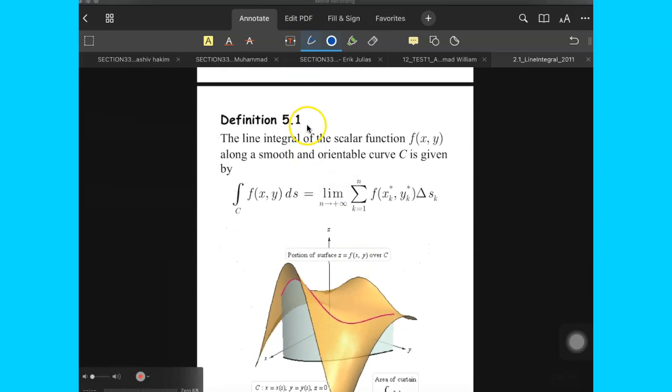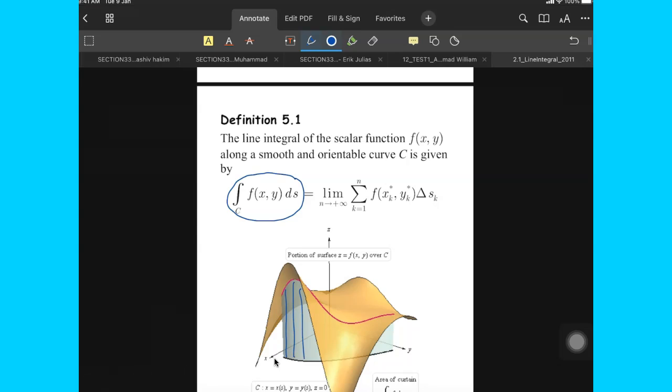So the formal definition of the line integral for scalar function f. This is the line integral for scalar function f when your C is in a 2D system. As I mentioned before, we can interpret this to be the area below the curve. You have a curve given by the red line, so you can evaluate the area under the curve using the line integral.